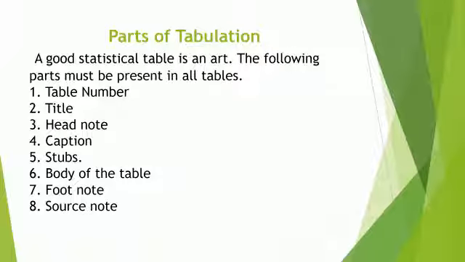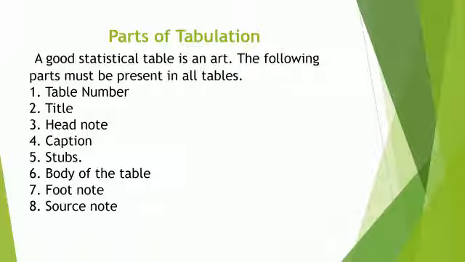Making a compact table is itself an art. It should contain all the information needed within the smallest possible space. What is the purpose of the tabulation, how to tabulate the information, and the main points to be kept in mind while preparing a statistical table.